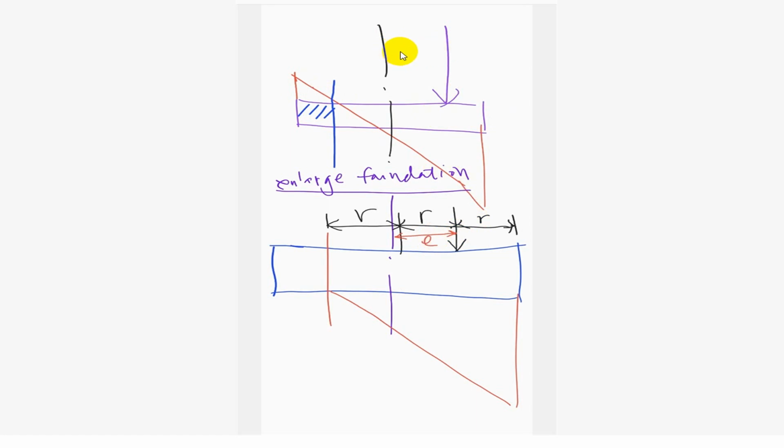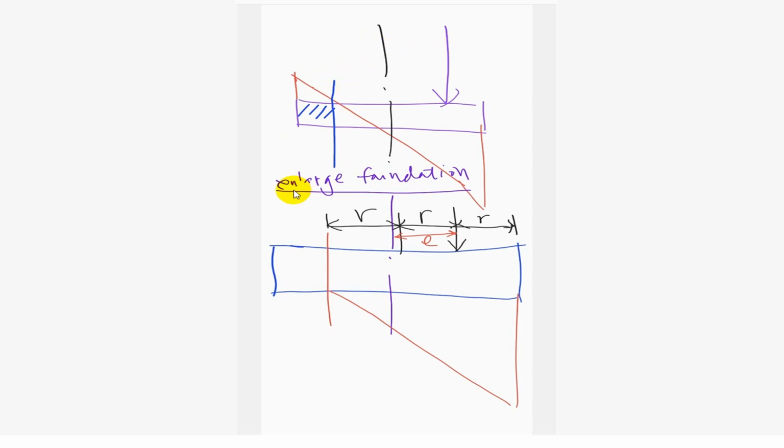Due to the big eccentricity, the foundation will rotate this way, isn't it? So that we have some separation or uplift in this region where we have to ignore this part of the foundation. So this is not foundation anymore, because of the excessive overturning moment in this direction, right?